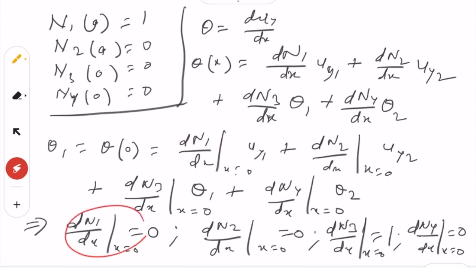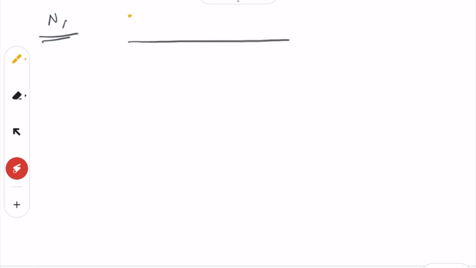So, n1 is equal to 1 at x equal to 0, and slope is 0, and similarly the value will be 0 here, and slope will also be 0. That is coming from the second requirement. Yeah. Okay. So, basically n1 will be something like this. It will go like this, and here also it will be equal to 0. This is how n1 will look.